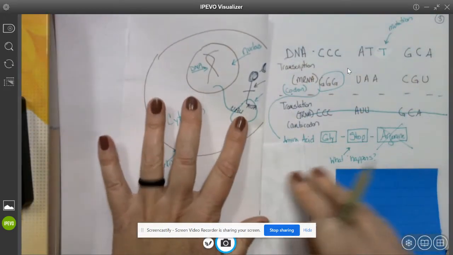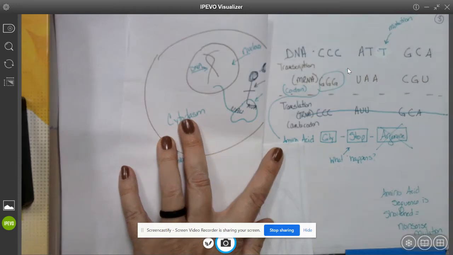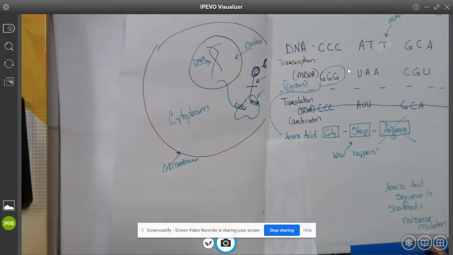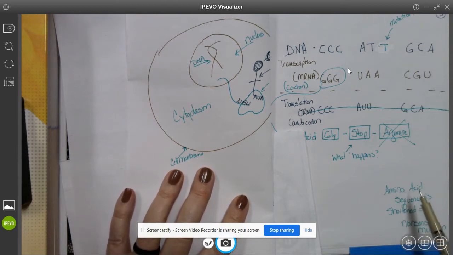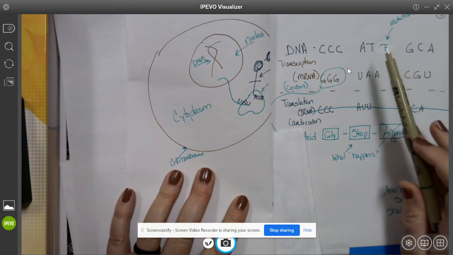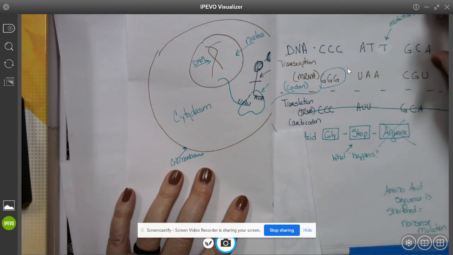Do you remember this from your vocab or from our presentation? This is called a nonsense mutation, and this is what occurs when the amino acid sequence ends up being shortened because of a mutation. Okay, so that's how that can result. Let's take another look.